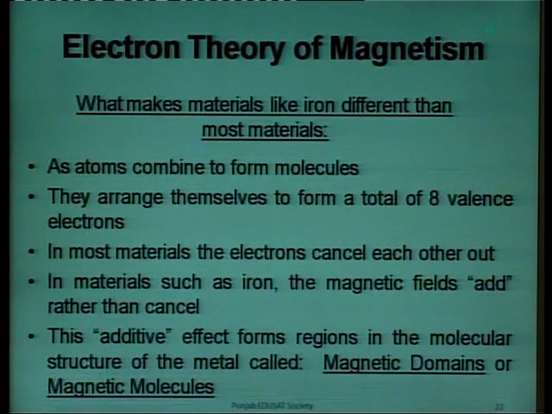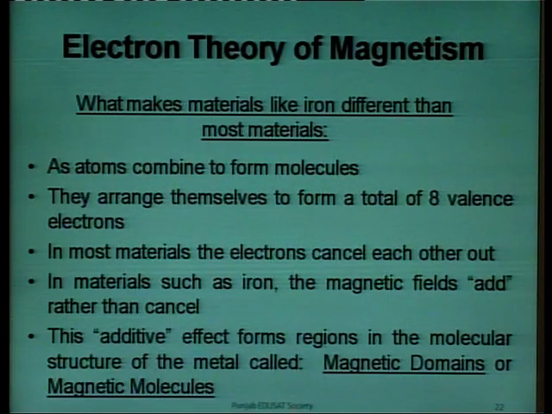Then again, as the atoms combine to form molecules, they arrange themselves to form a total of 8 valence electrons. In most materials, the electrons cancel each other out. In materials such as iron, the magnetic fields add rather than cancel.